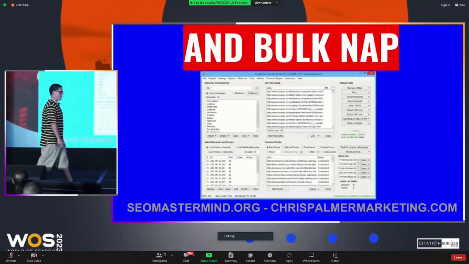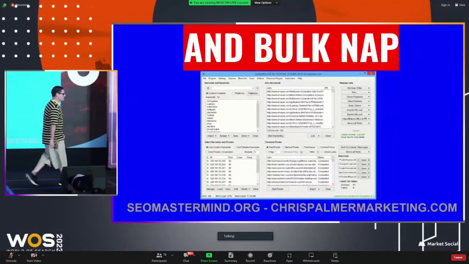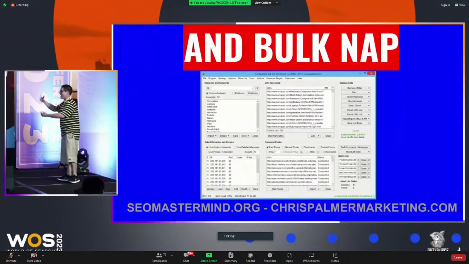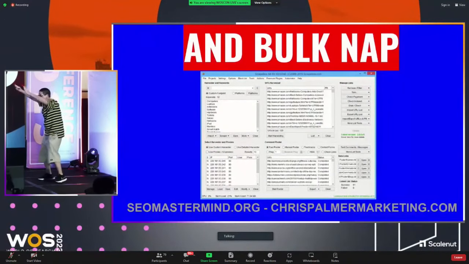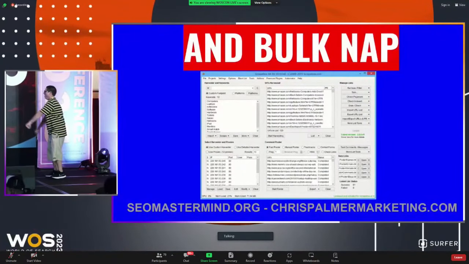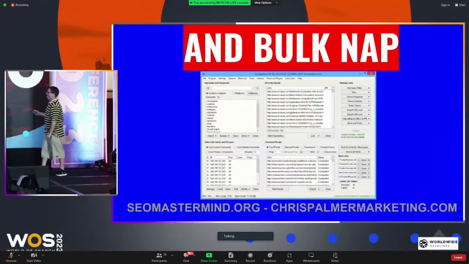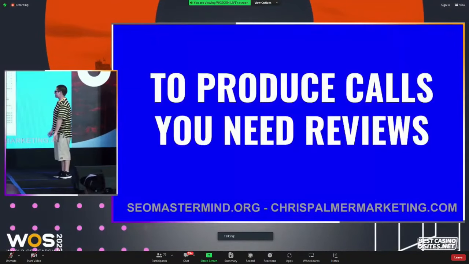GSA and Scrapebox are spam tools. With these spam tools, I can go to hundreds of thousands of websites along with my authoritative press releases, and I can put out my name, address, and phone number tens of thousands of times, if not millions of times. When I do that, along with my authoritative NAP like press releases, I'm able to rank listings, especially unverified listings.